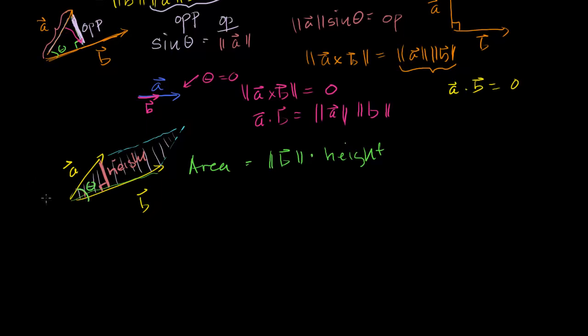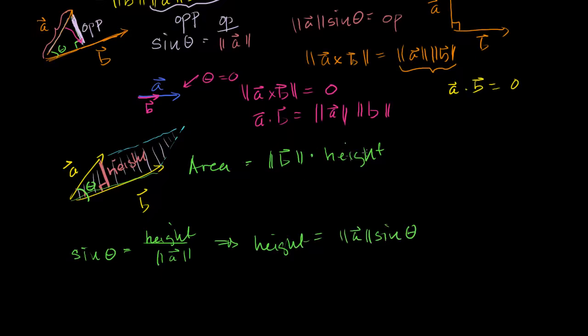So we know already that the sine of this theta is equal to the opposite over the hypotenuse. So it's equal to the height over the hypotenuse. The hypotenuse is just the length of vector A. Or we could just solve for height, and we'd get the height is equal to the length of vector A times the sine of theta. So I can rewrite this here. I can replace it with that.